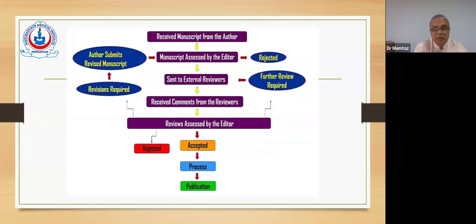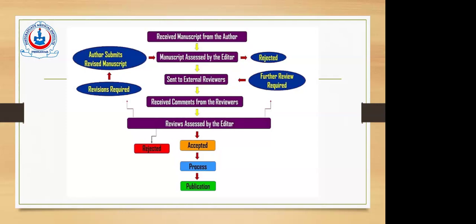This is a plan of what happens to an article when it is submitted to a journal. Most of the people know about this, but just to reiterate it, one gets his manuscript submitted to a journal. The manuscript is assessed by the editor.